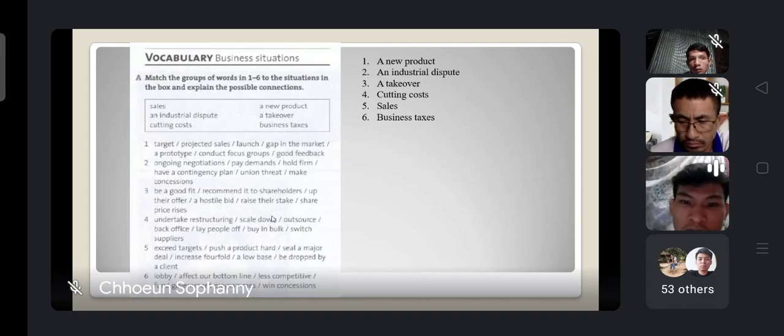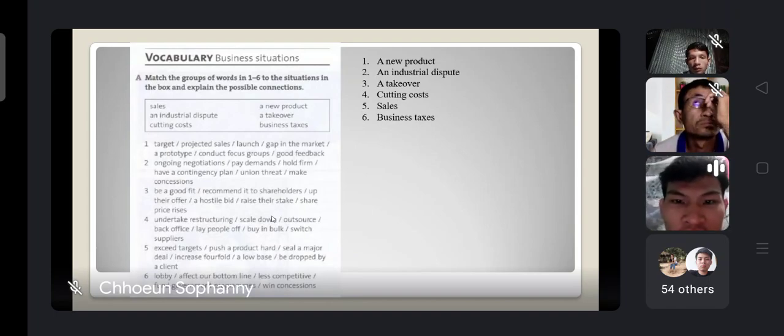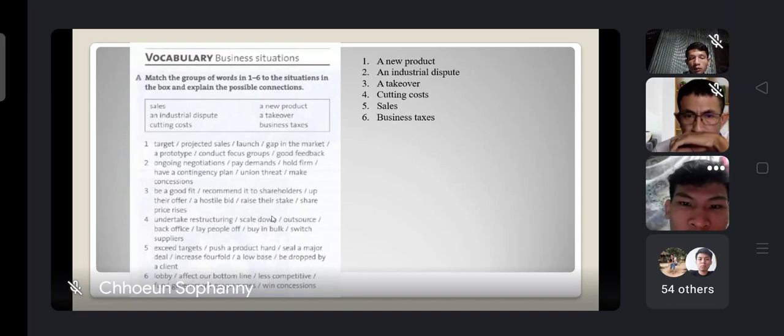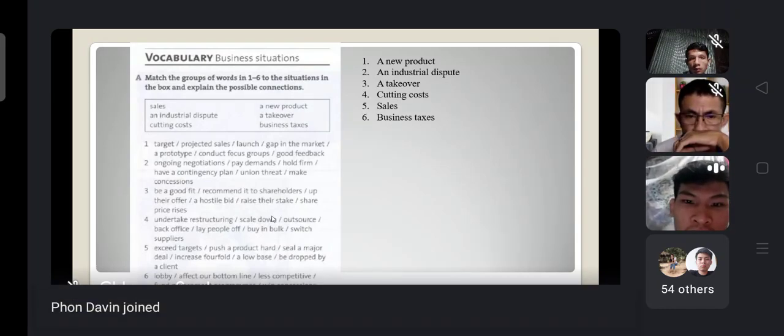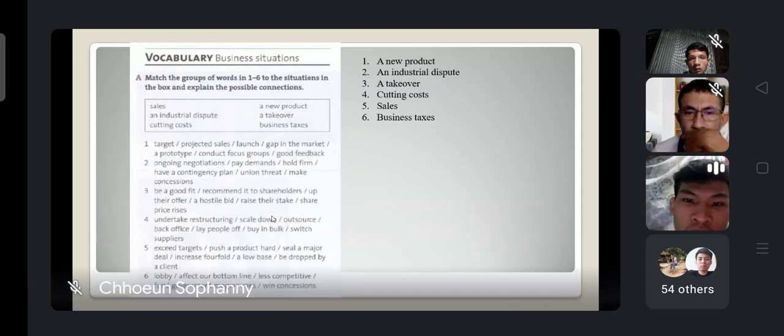So we call it industrial dispute. And number 3 is take over. Take over is an action where another company gets control in your company because they buy your shares from your shareholders.